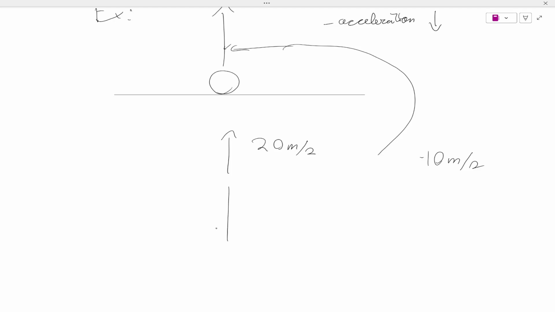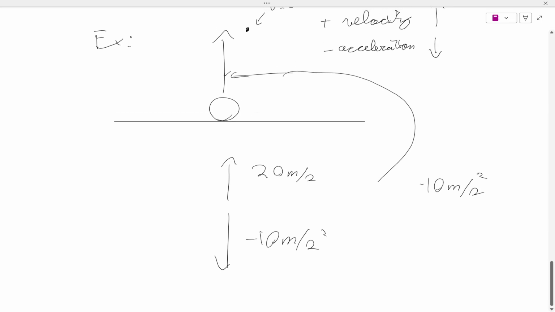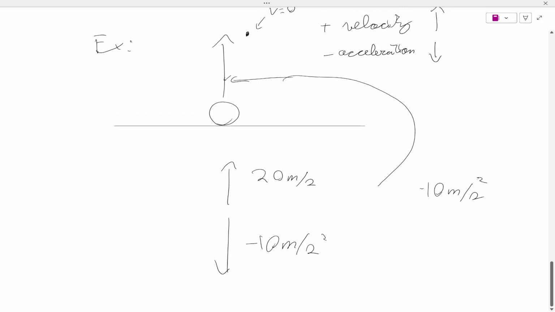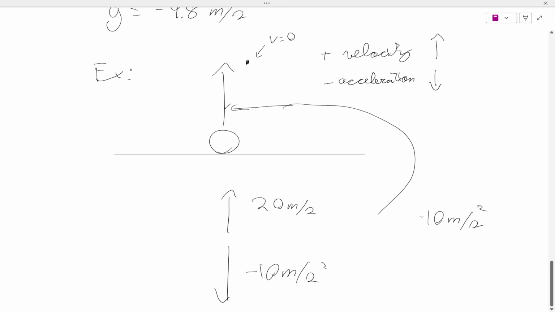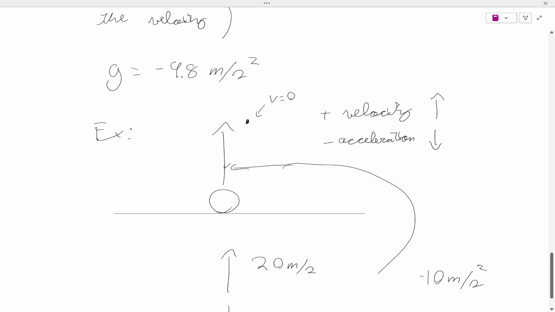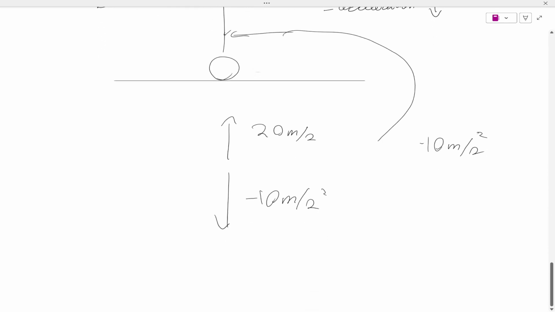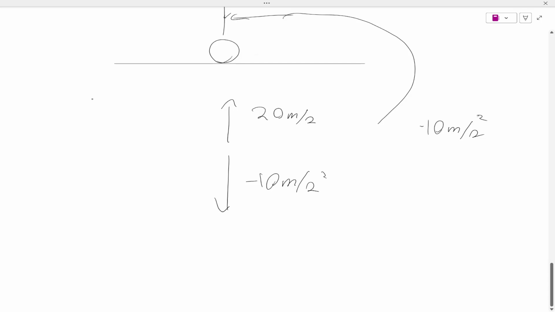So then you have gravity pulling down at 9 to 10 meters per second. Your velocity is stronger than the gravitational acceleration, so that means it will go upwards. But it keeps going upwards until the very top. What do you notice at the top?